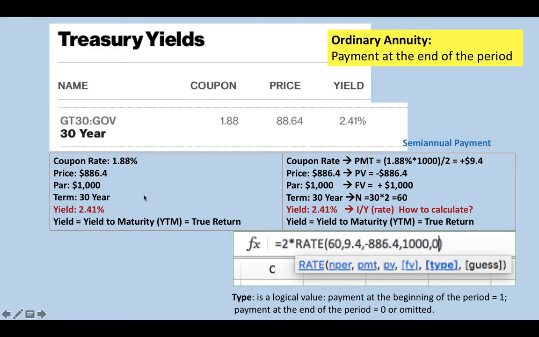The term is 30 years. How often do they pay you? Semi-annually, every 6 months, for the coupon.